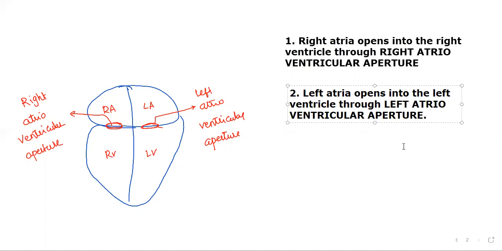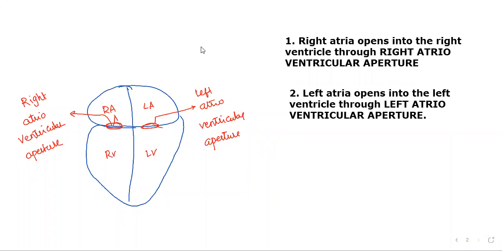Now, these apertures are guarded. The right atrioventricular aperture is guarded by the tricuspid valve.